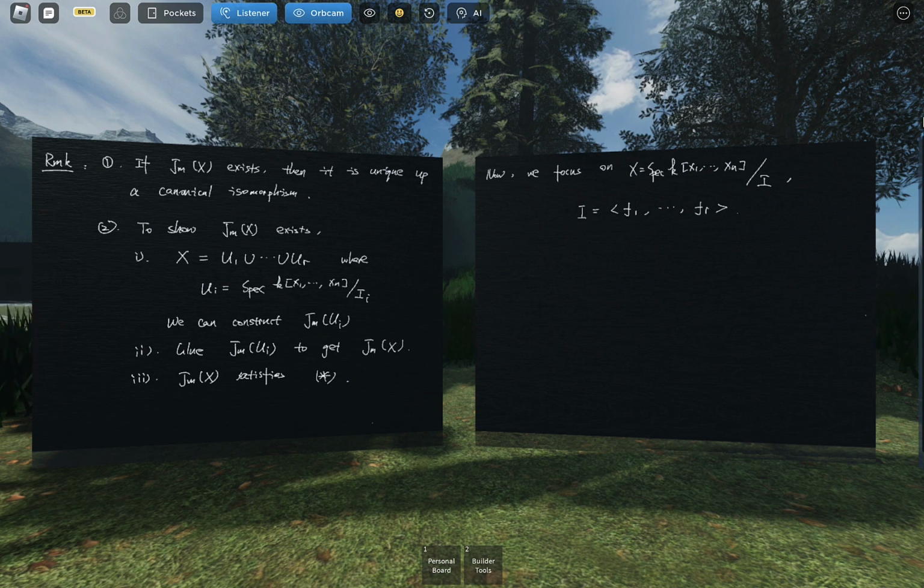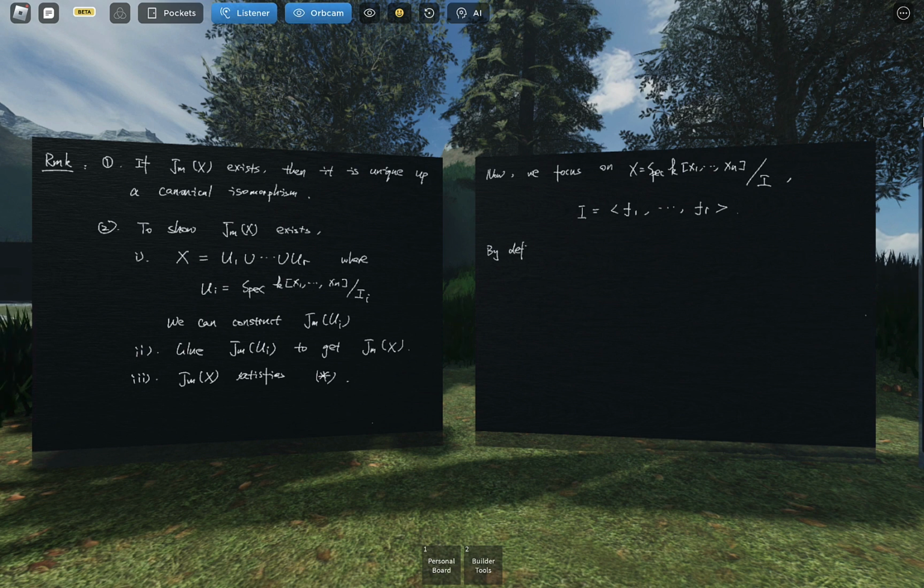Thanks, Daniel, for the comment. Then I'll proceed. So now we focus on this affine scheme, and from our definition we can see, first of all, what is the set of m-jets?